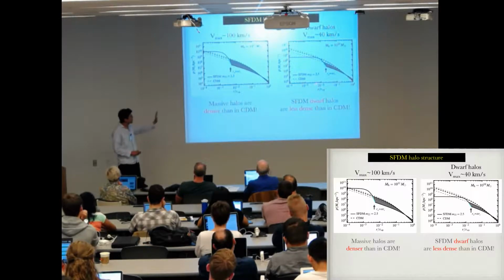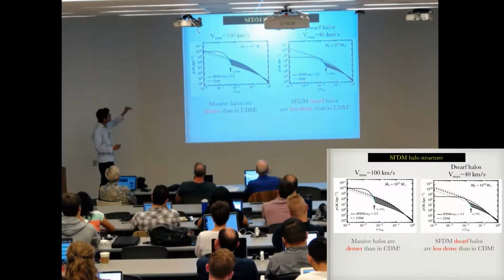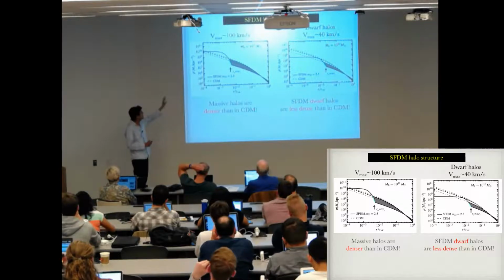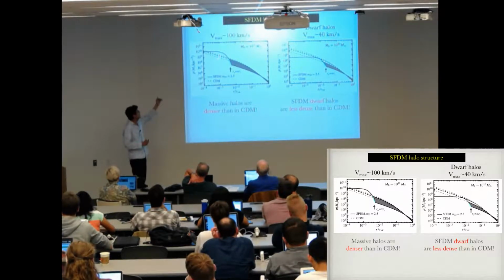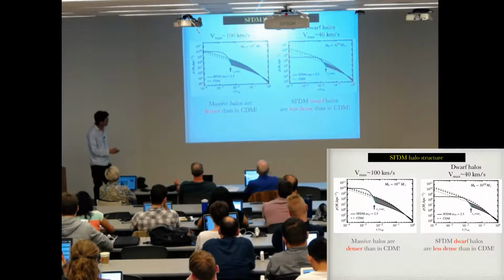So it turns out that for dwarfs, the scalar field dark matter halos are actually less dense. But as you go to higher and higher halo masses, the solitons start becoming denser. So at some point, especially for Milky Way masses, you can sort of figure out that this is going to become even denser at some smaller radius.